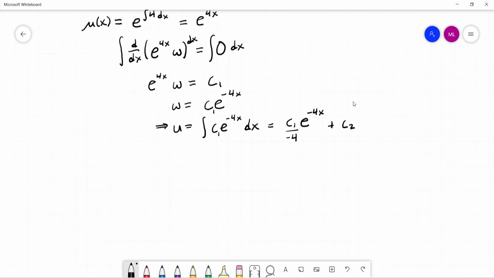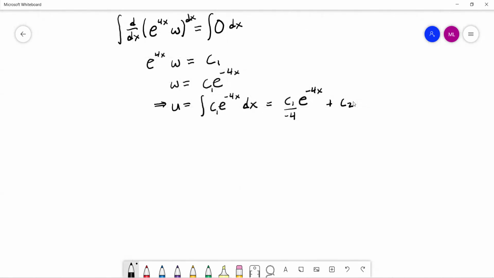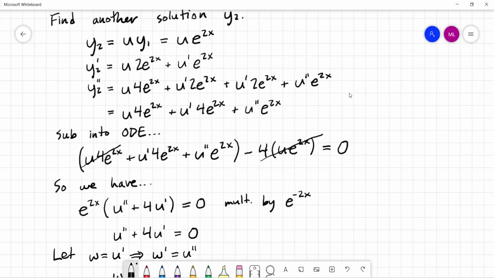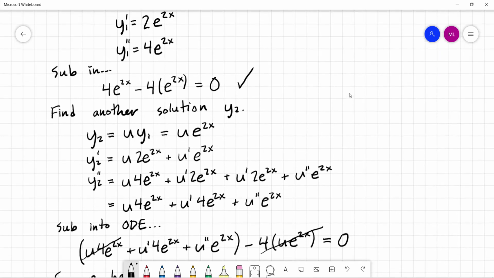So at this point, we can now say that y2, the solution we're looking for, is again just u times y1. And u times y1, well, here's my expression for u. The expression for y1 was somewhere way back up here.